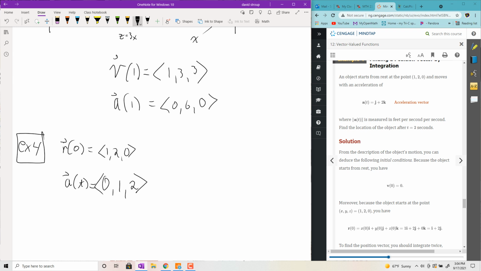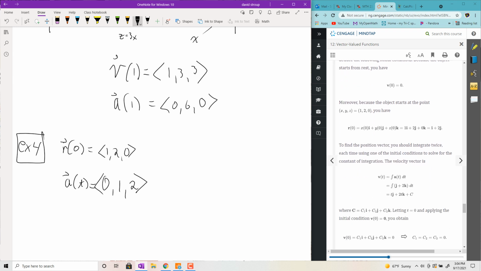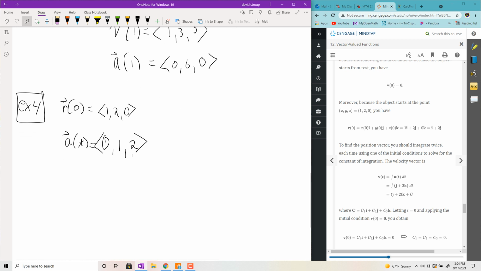So yeah, you can start by integrating the acceleration to get the velocity. So v of t is going to be basically the integral of the acceleration with respect to t.